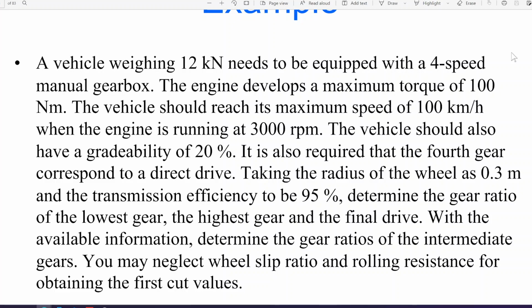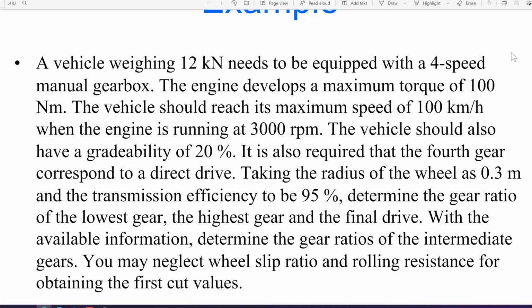Then we are taking the radius of wheel as 0.3 meters and transmission efficiency of 95%. We are asked to determine the gear ratio of the lowest gear, the highest gear, and the final drive. With the available information, determine the gear ratios of the intermediate gears. You may neglect wheel slip ratio and rolling resistance for obtaining these values.